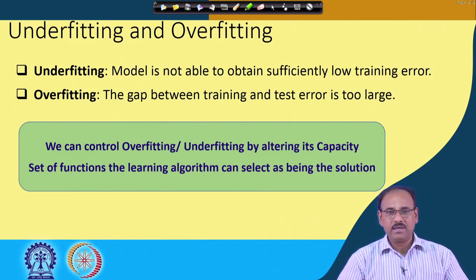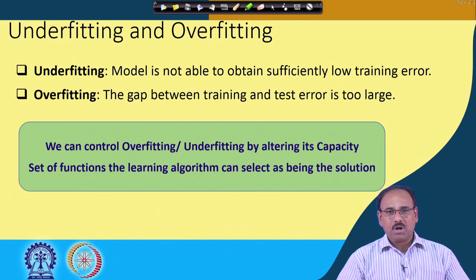So, overfitting says that your model has been able to capture even the minute differences in the training data, and while doing so, the model is so tuned to the training data that it has lost generalization and is not able to perform well on the test data, and that is what is known as the overfitting problem.